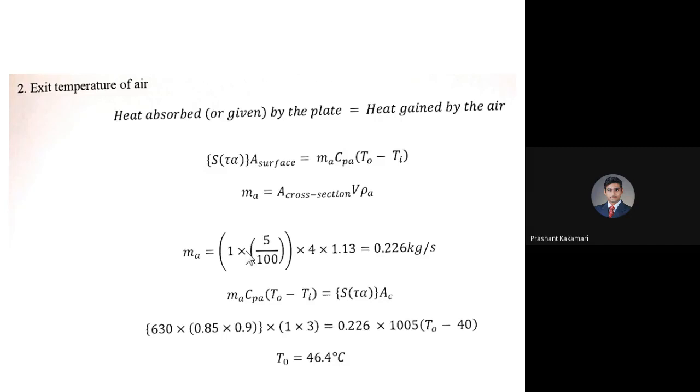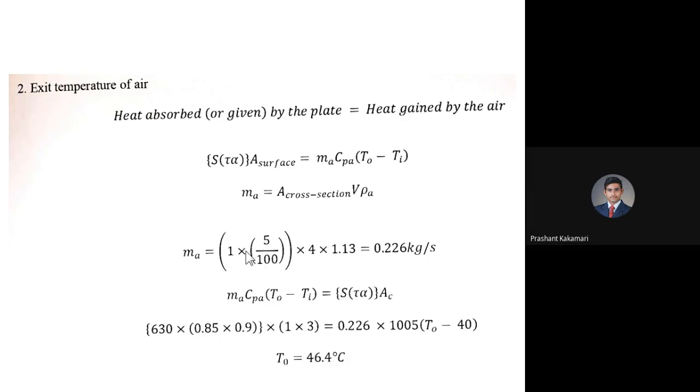Mass flow rate of any fluid is given by rho A V. If you recall, rho A V is nothing but the mass flow rate of the air. Or A1 V1 equal to A2 V2, also you know as the continuity equation. In that condition, we take inlet and outlet both sides, so rho can be cancelled.